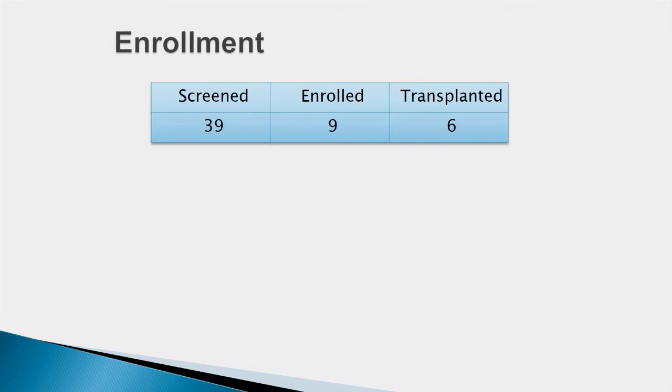So for enrollment, we screened 39 individuals, and we actually enrolled 9 of those, and 6 people were transplanted. One person that was enrolled was not transplanted because that person self-withdrew before the nerve harvest actually occurred.